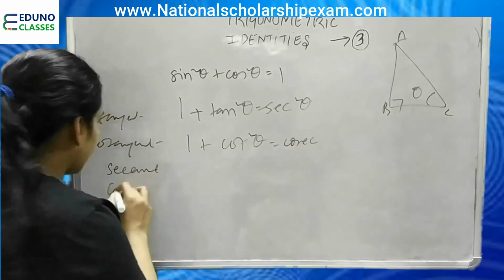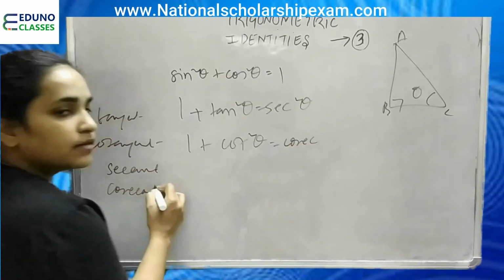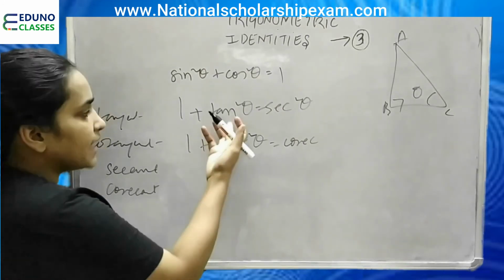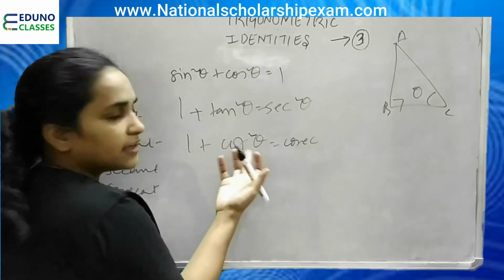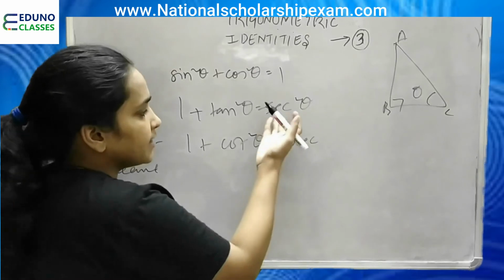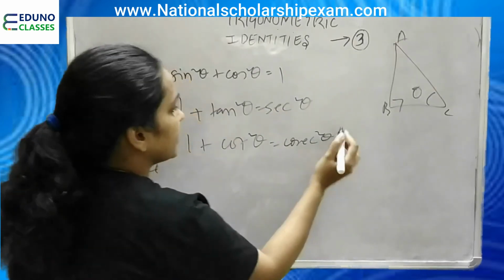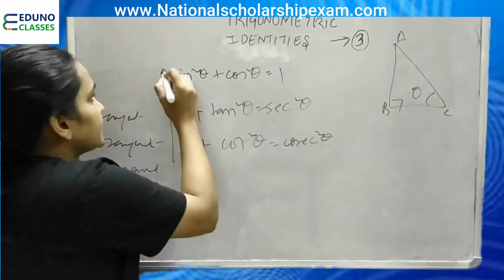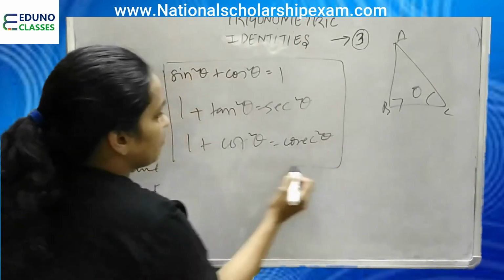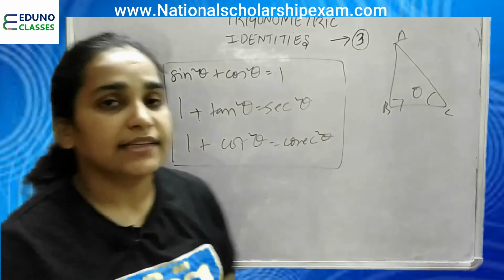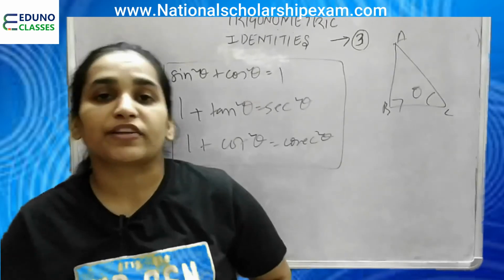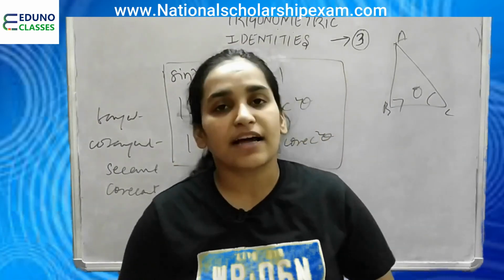The full form of cosec is cosecant. So tan and cotan is represented as cot, sec and cosec square theta, and we are talking about squares. This is how you can remember. We will apply these identities to solve difficult questions, and this is why identities are very important.